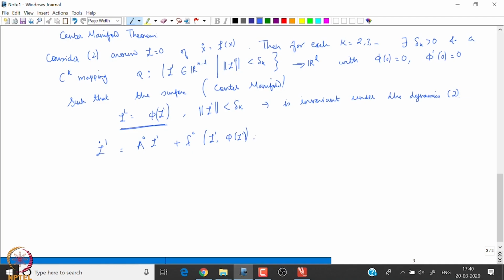Okay. Now, what is a theorem that then will tell us about stability? Okay. So, if this, which I call this 3, okay, so we say let 3 represent the dynamics on a center manifold.